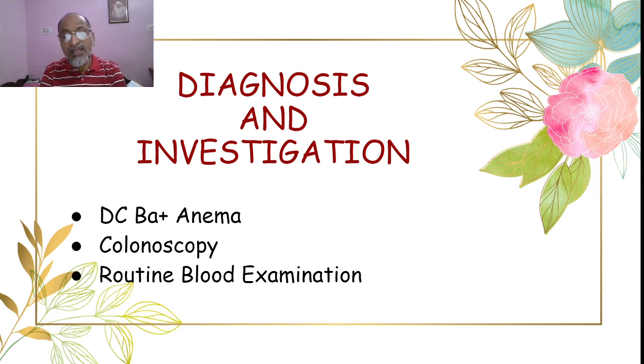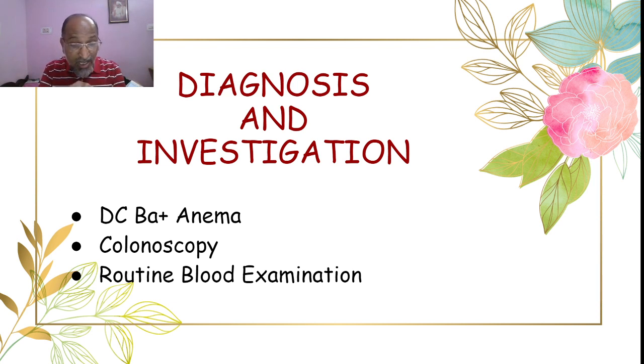malignancy. Then a routine blood examination like the complete blood count, the hemoglobin level, the ESR, the C-reactive protein has to be done, because you don't know when a case has to be taken to the OT anytime. You must know what the different counts are. That also helps you in knowing the prognosis.